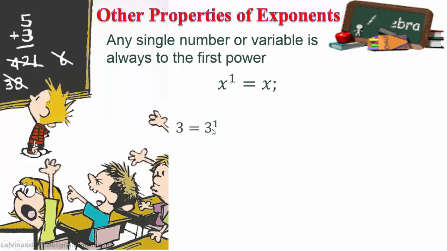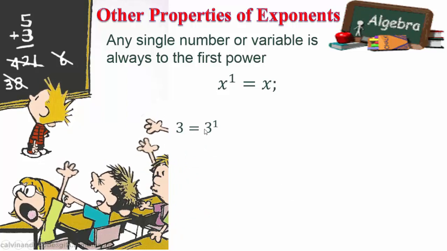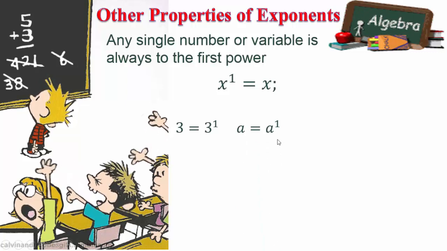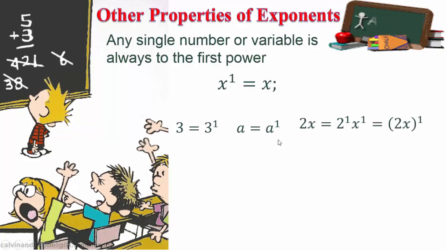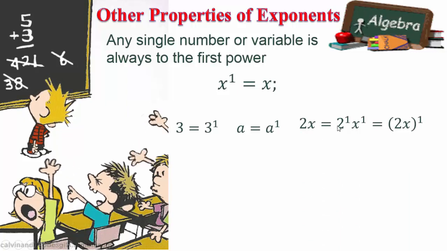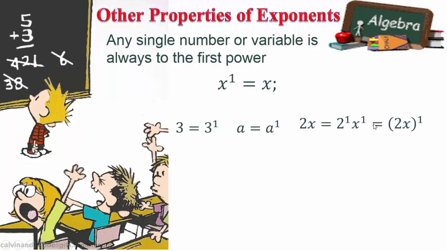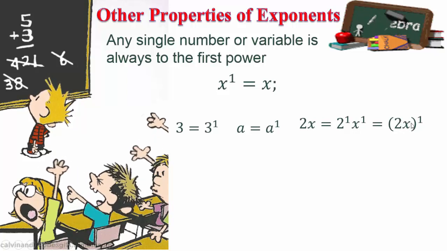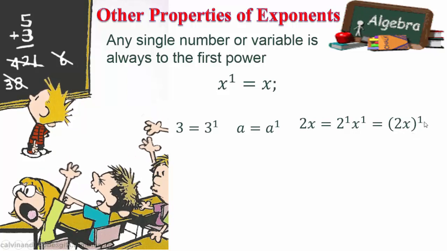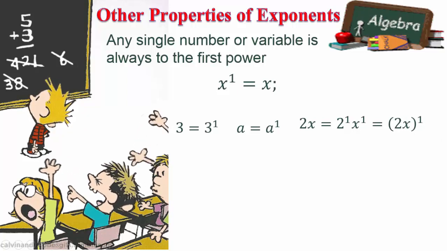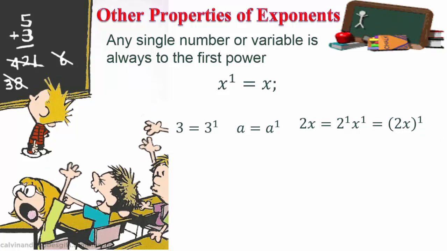So, for example, 3 is really 3 to the first power, or a is really a to the first power. And in the case of 2x, 2 is to the first power, x is to the first power, and that means we can look at it as 2x in brackets to the first power, where everything is brought to the first power.